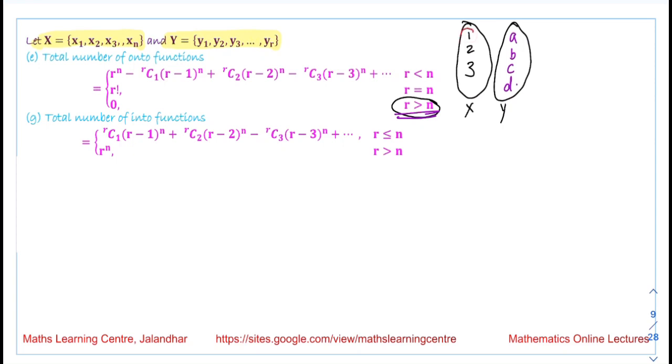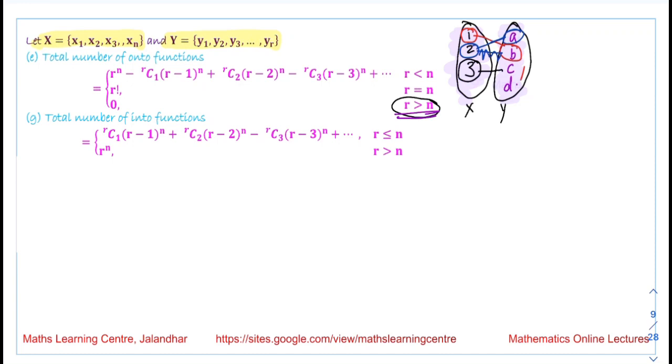Now if we map 1 to any of these, suppose 1 is mapped to B. Next, if we map 2, it may be mapped to B or to any of these elements. Suppose 3 is mapped to C. In place of mapping 2 to B, we have mapped 2 to A. We can never map all these 3 elements onto all these 4 elements.